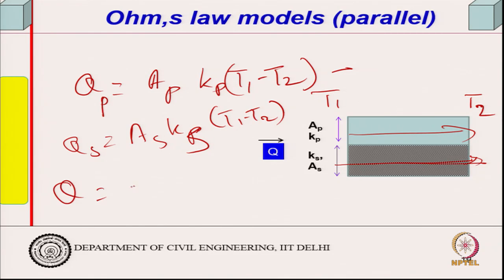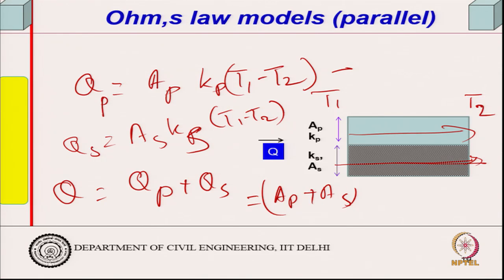Total heat Q is the sum total of all this. So, Qp plus Qs, which will be equal to AP Kp plus As Ks, into T1 minus T2, which is common.